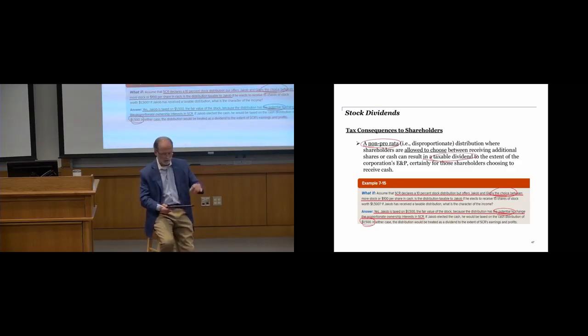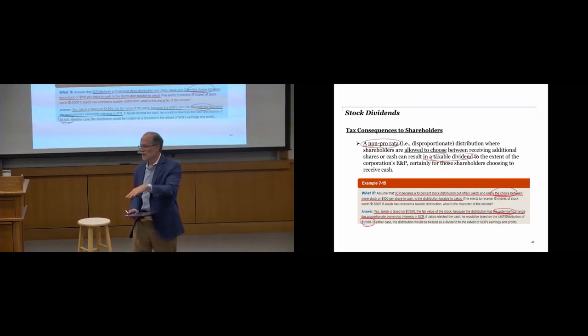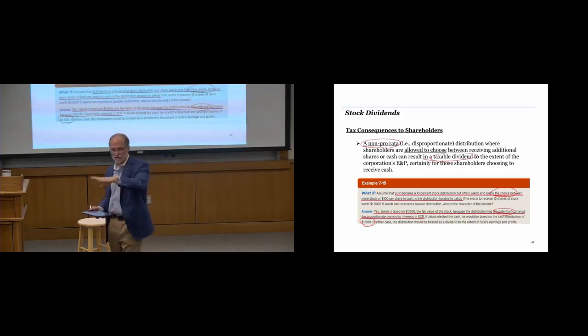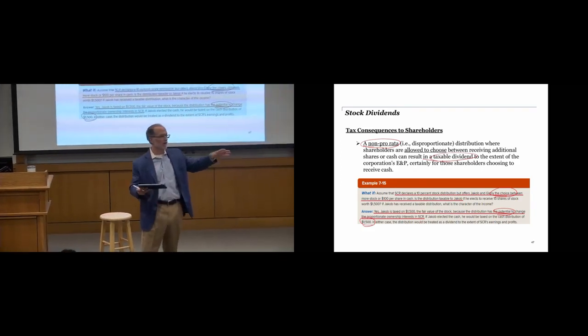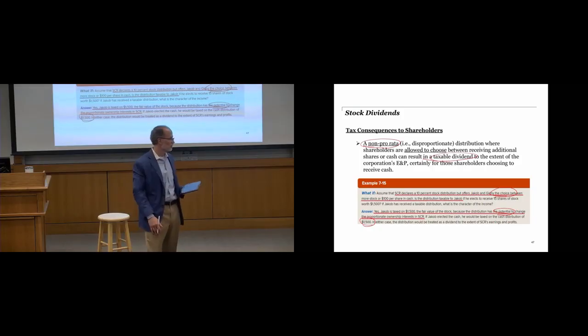If you had just Jacob and Ginny, two shareholders, you could ask them, do you want stock or cash? If they both say stock, don't provide an option, just do a stock dividend. If they want cash, just do cash. Don't give an option. But in a widely held scenario, you're never going to get 100% on one side of the choice versus the other.